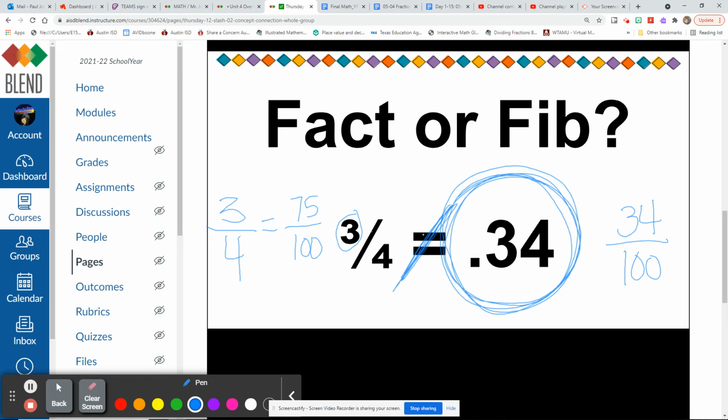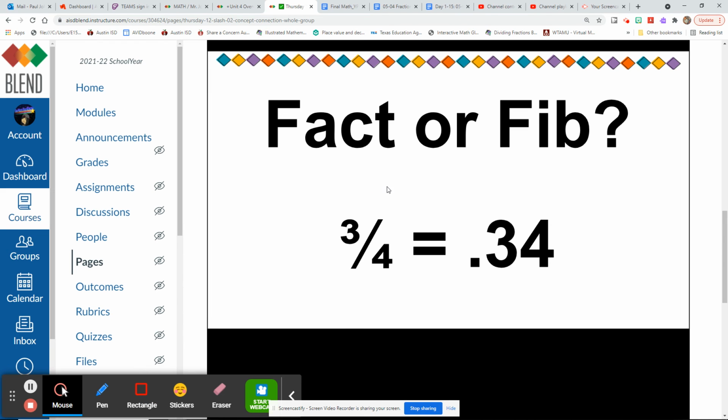If you think about it, 3/4 of a dollar is 75 hundredths. So 34 is not equal to 75. So 3/4 is not equal to 34 hundredths. Fib. I hope you got that one.